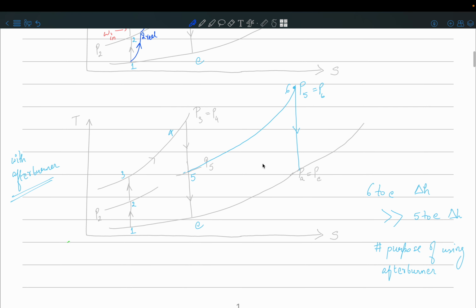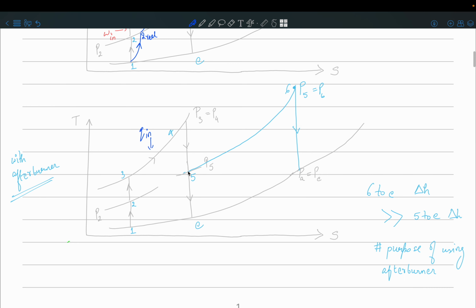Yeah, so similarly you should try the ideal versus the real cycle for an afterburner. And now the difference here you can see is when you switch on the afterburner, it is going to add more heat. So first your fluid went through the diffuser, compressor, then in the combustion chamber heat was added, so some fuel was burned, and then it was expanded through the turbine.